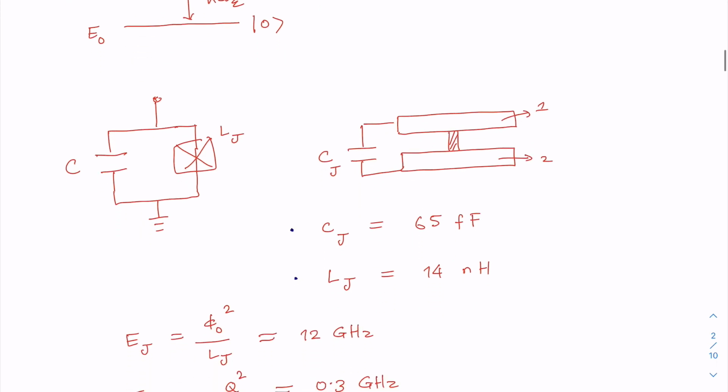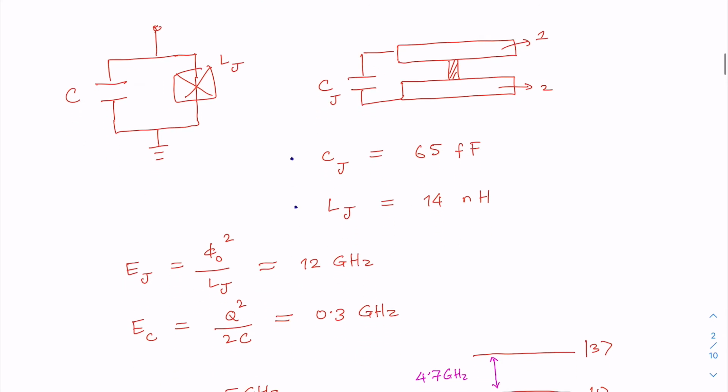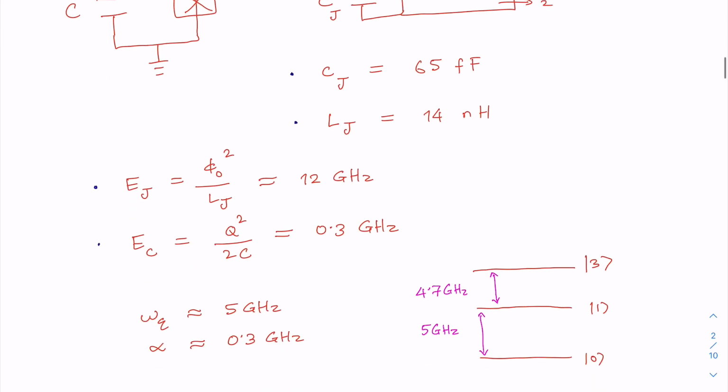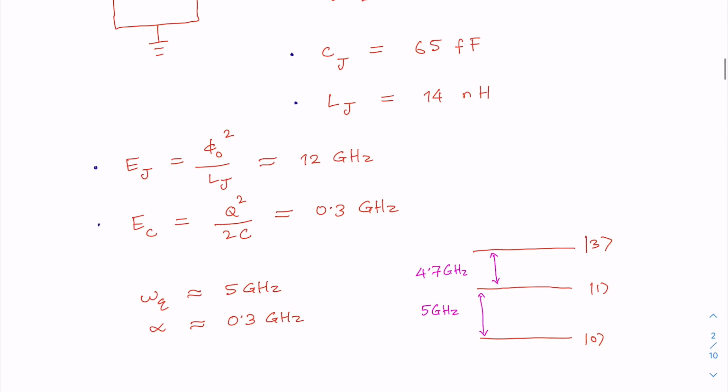These are very small parameters, and the corresponding Josephson energy was 12 gigahertz, and the charging energy was only 0.3 gigahertz. This omega q turns out to be 5 gigahertz, while this parameter alpha turns out to be 0.3 gigahertz. For these experimental parameters, the difference between the ground state and the first excited state is 5 gigahertz.